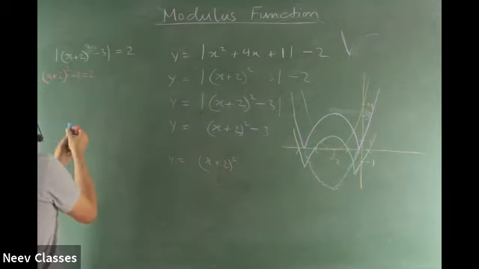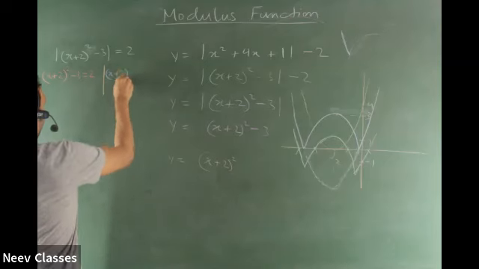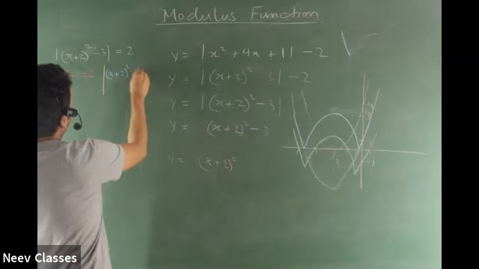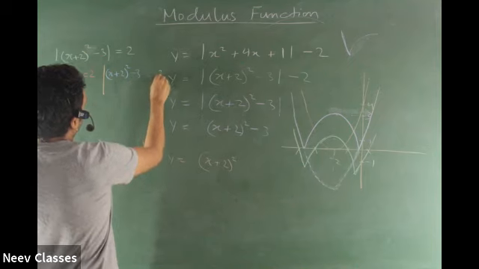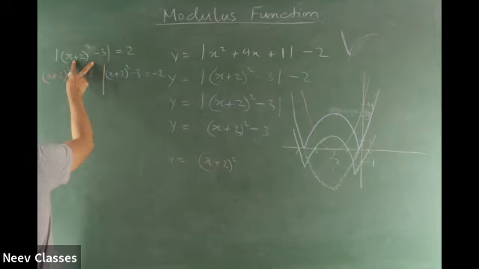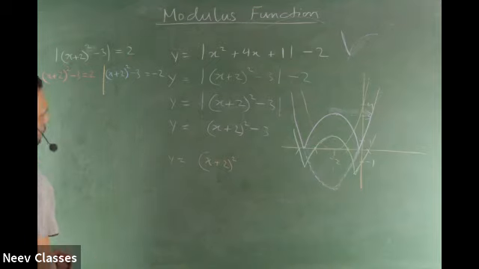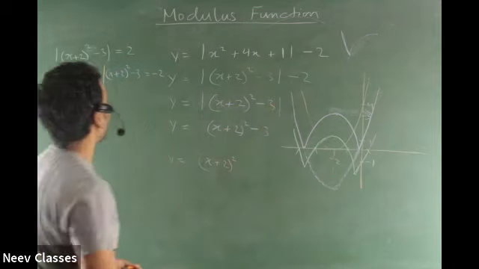And what is the other thing? It is equal to -2. I'll put a separator in between. X plus 2 whole square minus 3 is equal to -2. In both cases, the mod will become +2, and hence that +2 -2 will be equal to 0, right?